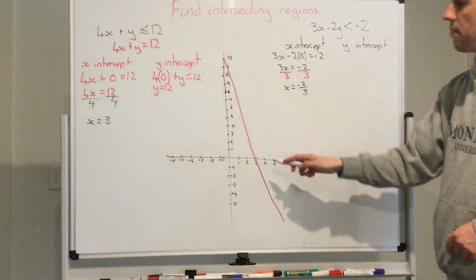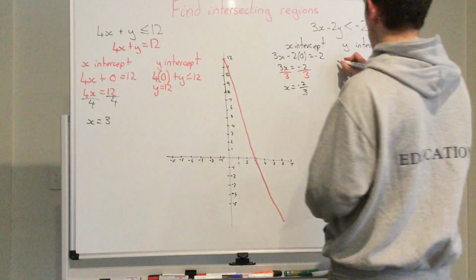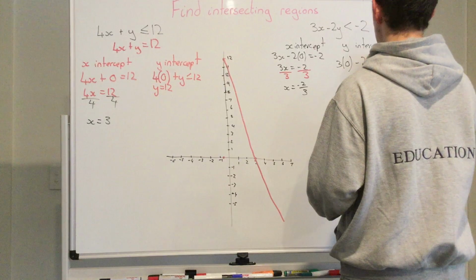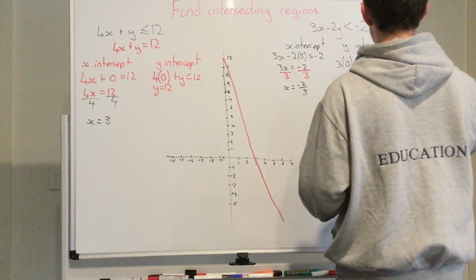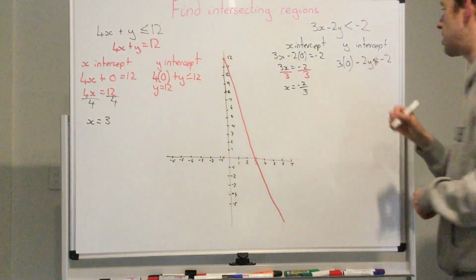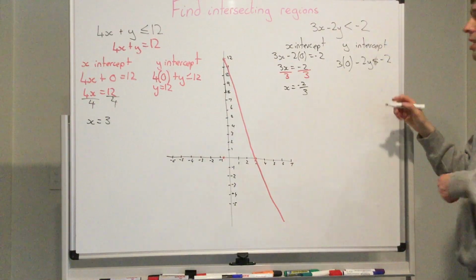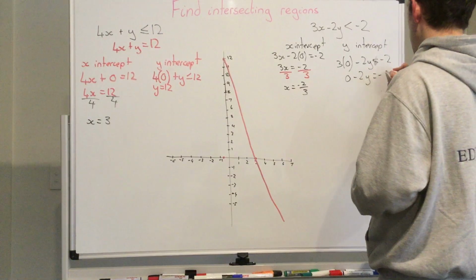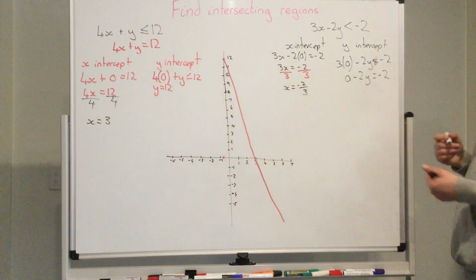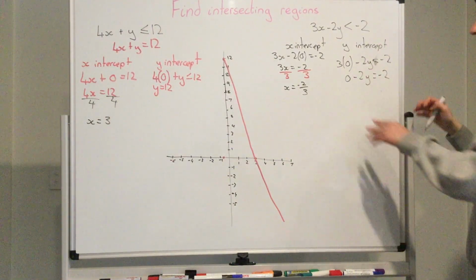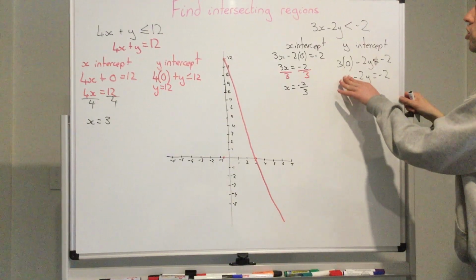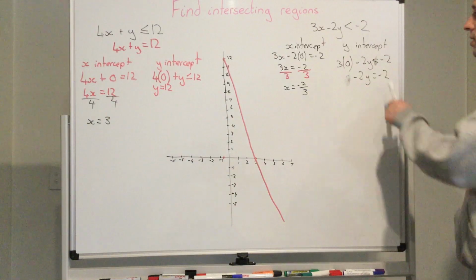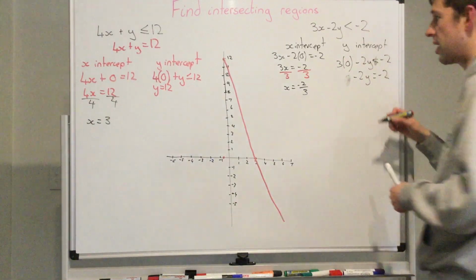Then I'll look at my y-intercept. For my y-intercept, x must be 0. So it'll be 3 times 0, take 2y equals -2. 3 times 0 is 0, so 0 take 2y equals -2. 0 is not doing anything, so it's just -2y. I want y by itself. What's the opposite of timesing by -2? Divide by -2.